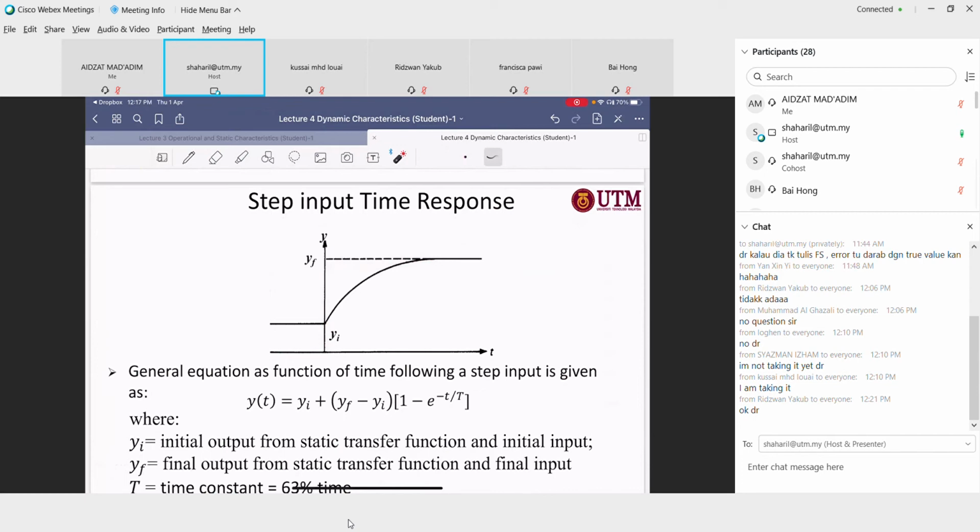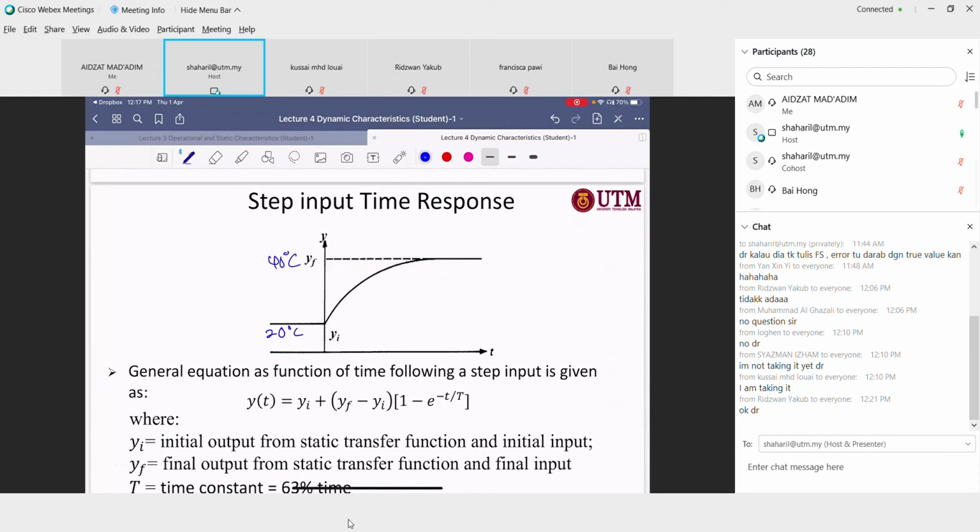For example, ambient temperature may start from 20 degrees and then go up to 40 degrees. Another example is a heater, which is used in cold countries like the UK and so on.